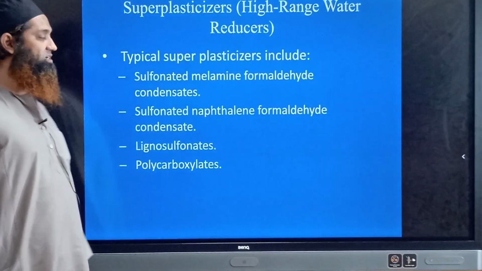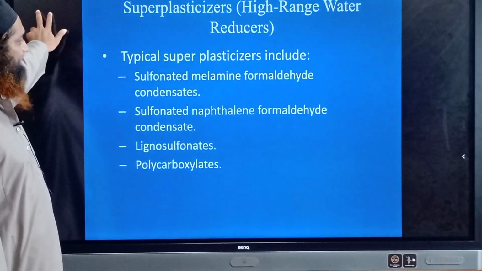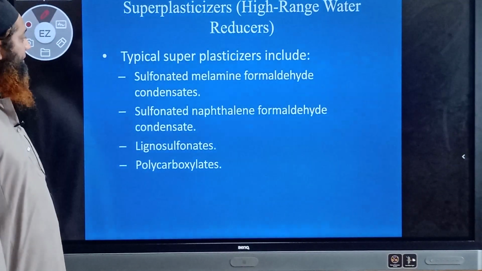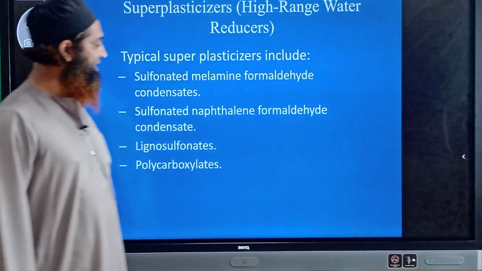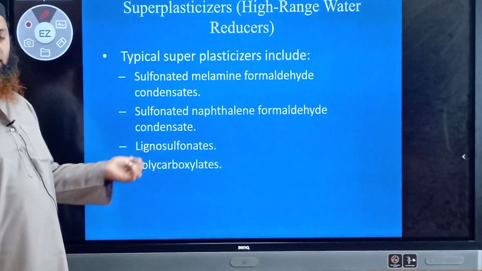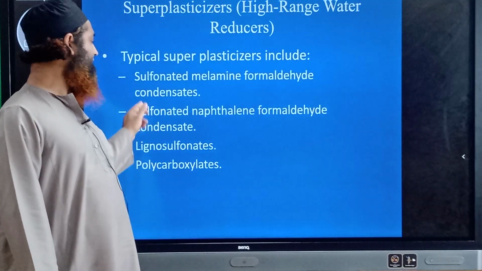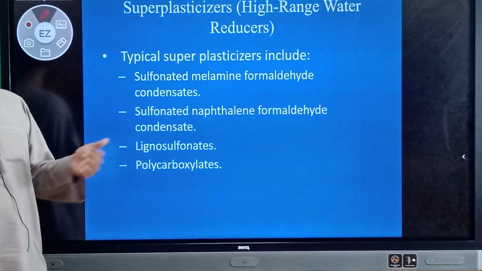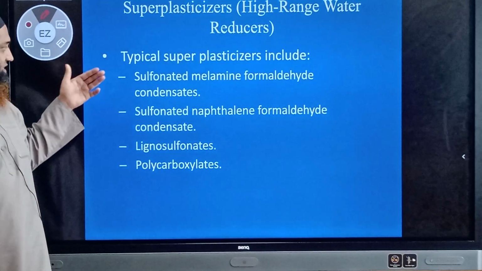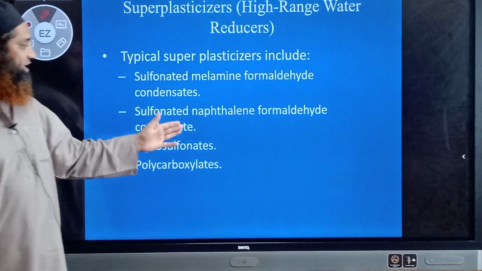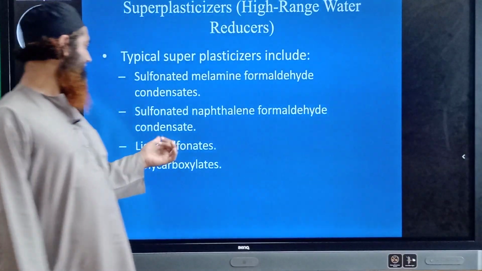Typical super plasticizers include sulfonated melamine formaldehyde. So it consists of this chemical, sulfonated melamine formaldehyde condensate, which is mixed with sulfonated naphthalene formaldehyde condensate.